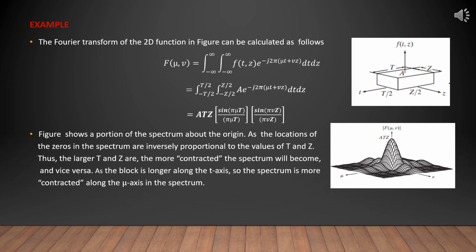As we see, the block is longer along the t-axis, so the spectrum is more contracted along the nu-axis in the frequency domain. So if the box is longer in the time domain, then it will be more contracted in the frequency domain. If the box is small in the time domain, then it will be less contracted in the frequency domain. We can conclude this from the following example.